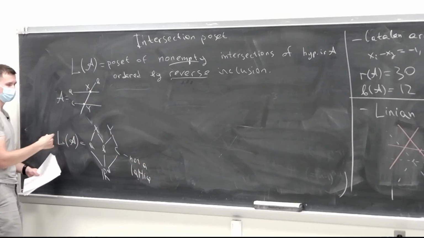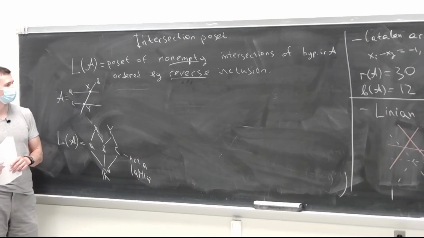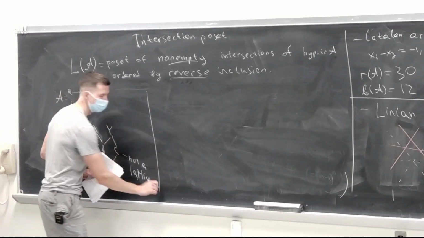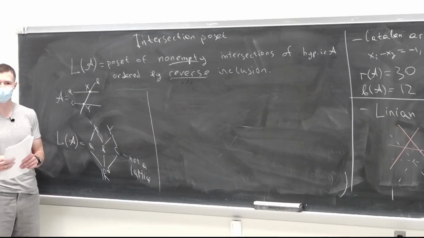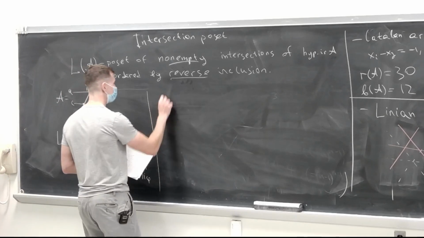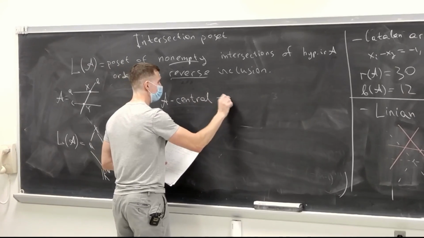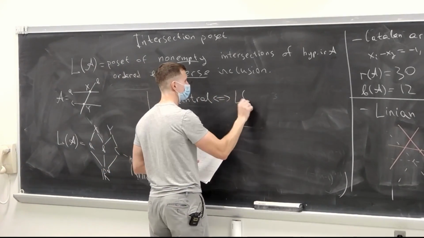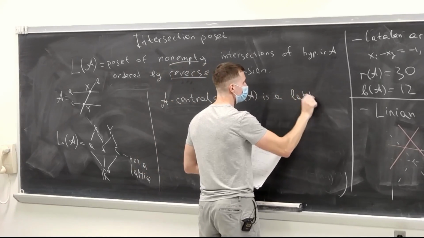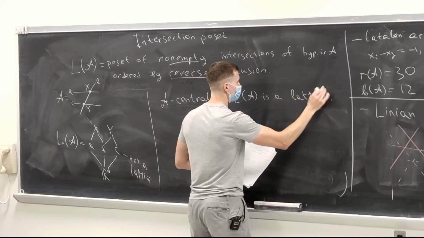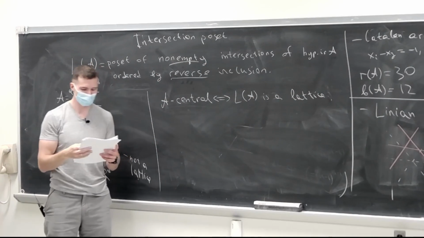When is the intersection poset of a hyperplane arrangement a lattice? Right. Okay. So A is central. Very nice. If and only if A is central, the intersection poset is a lattice. And there's some exercise inside of it, which you should feel free to try at home.